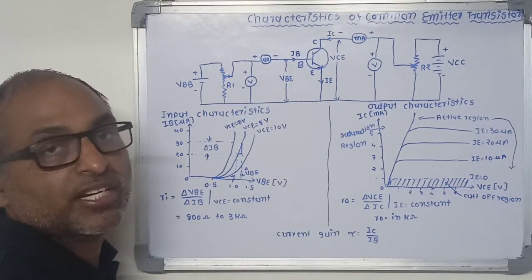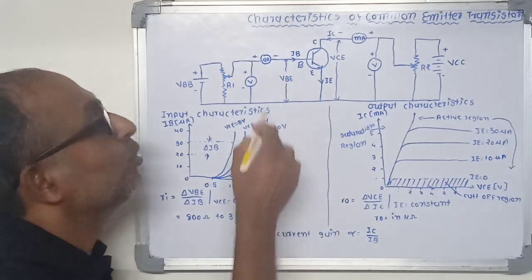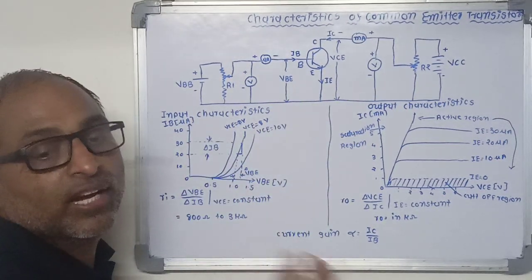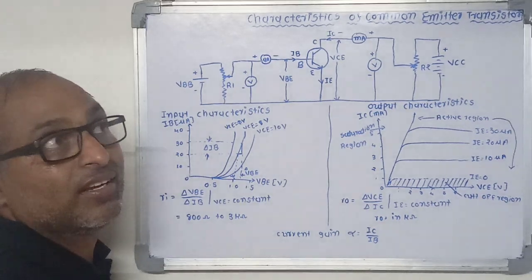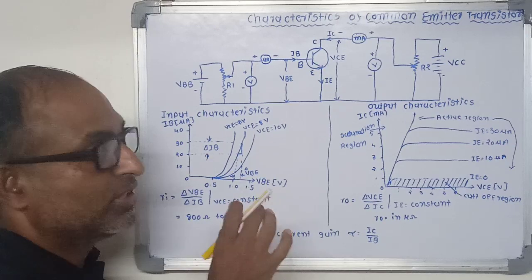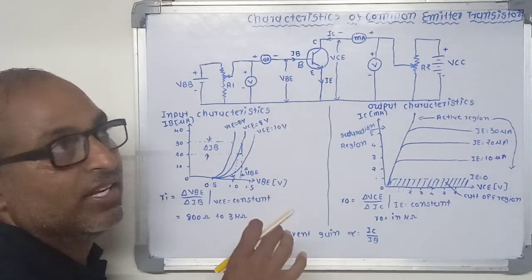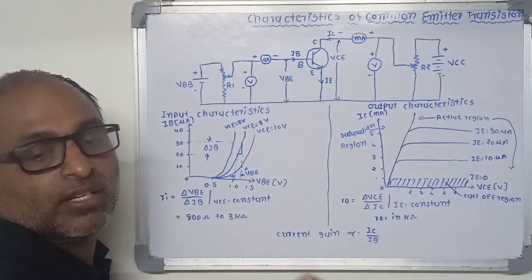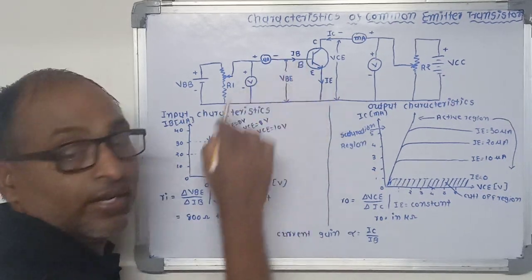So the depletion region penetrates more into the base region and less into the collector region. As a result, the width of the base emitter junction depletion layer will decrease, which reduces the input currents produced in the base region.